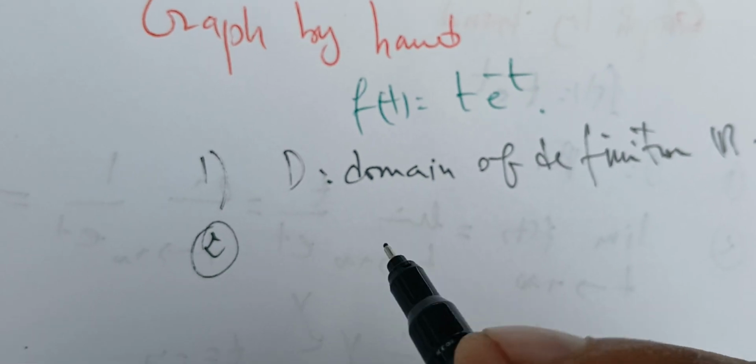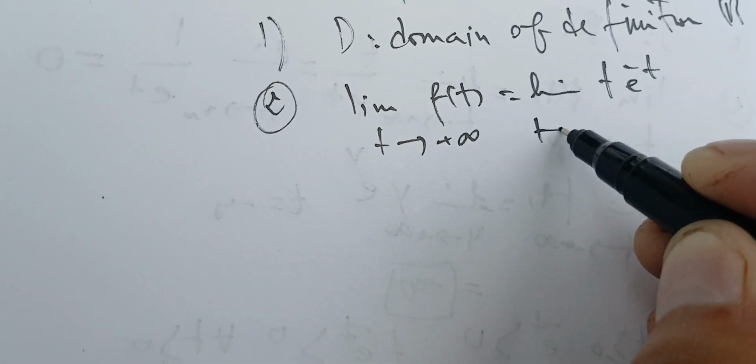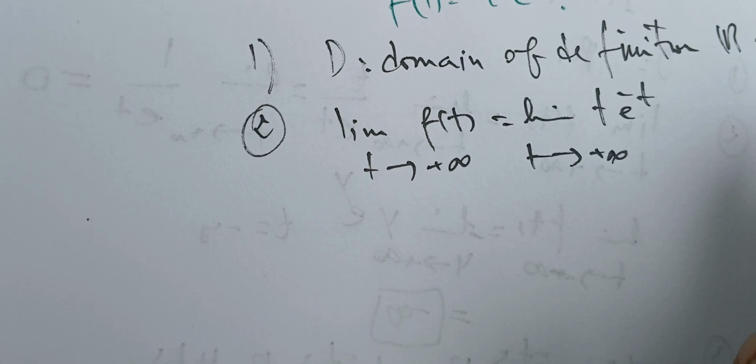Next, we're going to find the limits. The limit of f of t as t goes to plus infinity. When we try to evaluate that, we see that we have plus infinity, and this is 0. So we have 0 times infinity. We can't conclude.